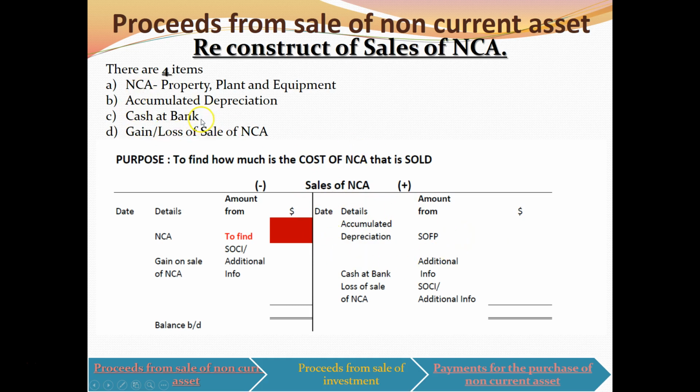When we sell something, we have cash at bank on the debit, and that's why we credit our sales of NCA here. Now, loss or gain depends on whether the gain is here, because it has to transfer to profit and loss. The loss is here, because you have to transfer it to profit and loss as an expense.